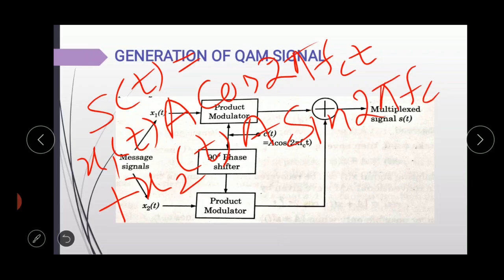This is the output of the QAM transmitter, or we can say it is a modulated signal or multiplexed signal, as two signals are mixed and transmitted over a single channel.